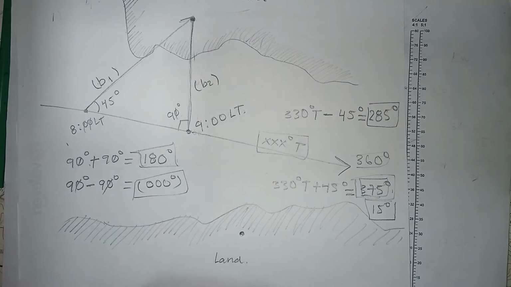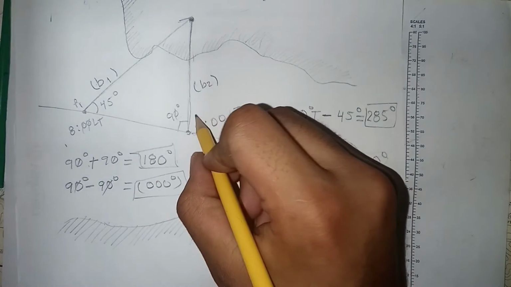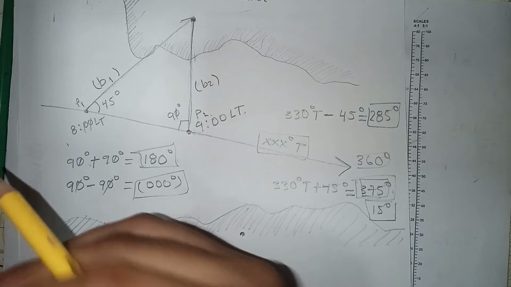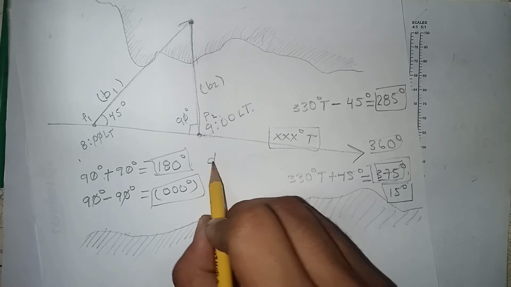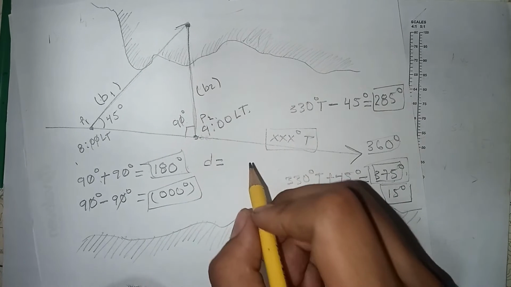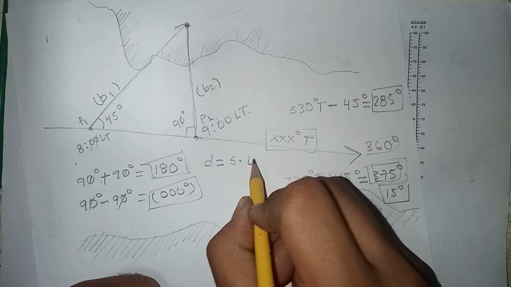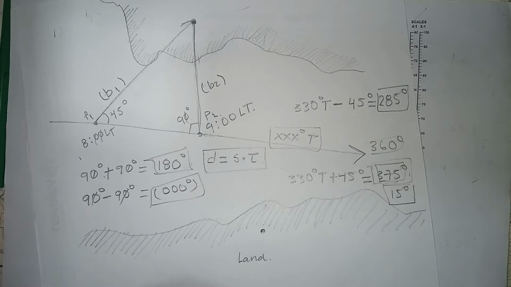Okay, and the third step, with the time between the two positions, in this case position 1, position 2, and with the vessel speed, we can calculate the distance in nautical miles using the formula: distance equals speed of the vessel multiplied by the time sailed. This is the formula that we're going to use.